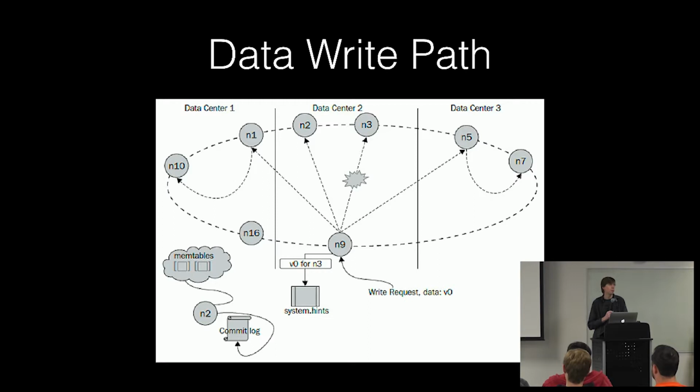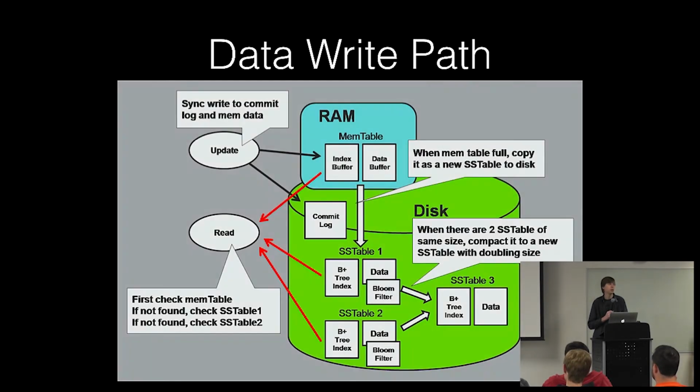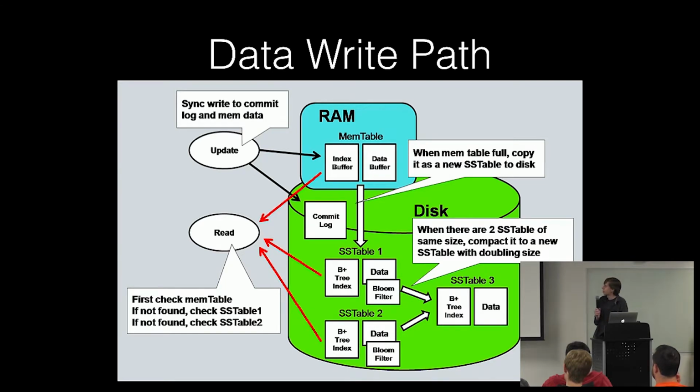Also, what is happening within each given node is an update to several different Cassandra internal data structures. This was the best picture I was able to find, and I'm sorry that it includes a lot of things that aren't relevant to what we're talking about at this moment, and I'll show you this again when we're talking about the read path.